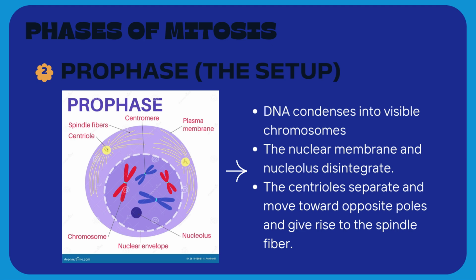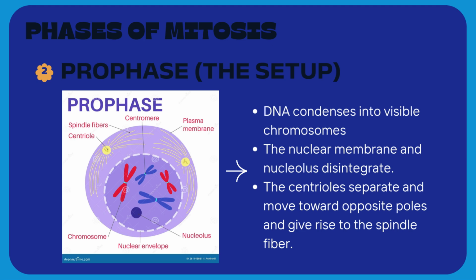The centrioles start moving to the opposite poles of the cell, the north pole and the south pole, and they start to grow spindle fibers, little legs, like they're spiders. They start looking like spiders.